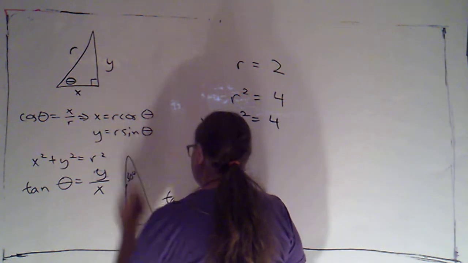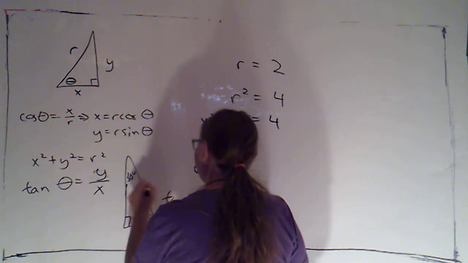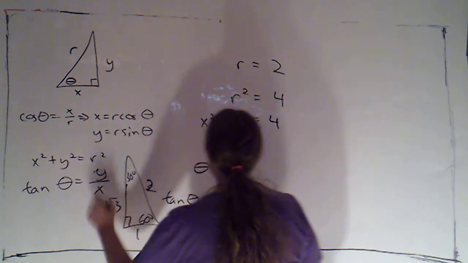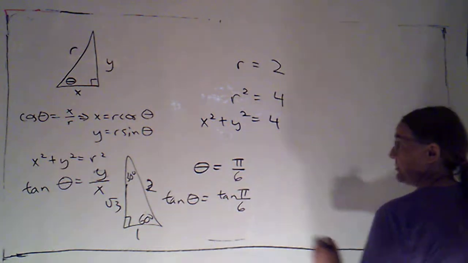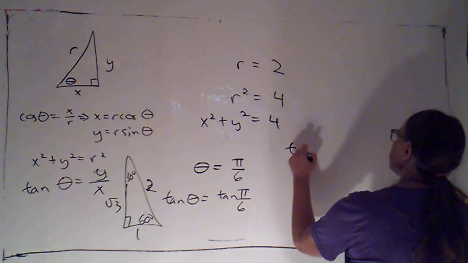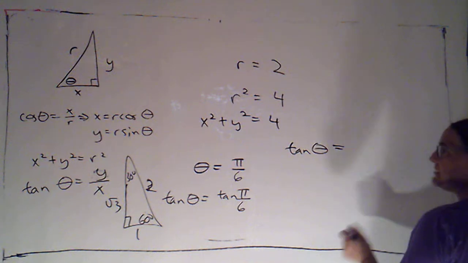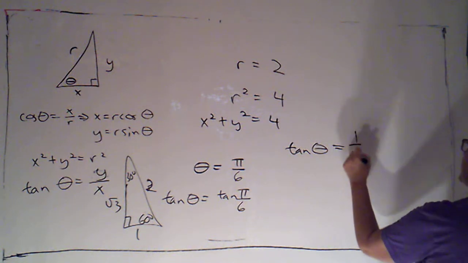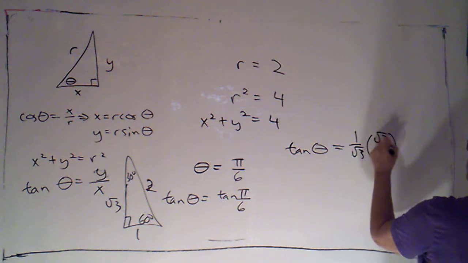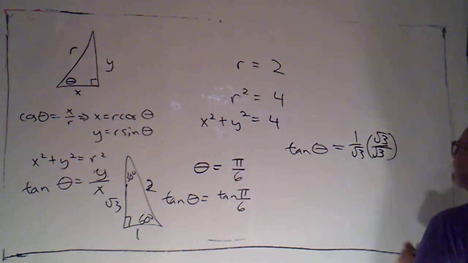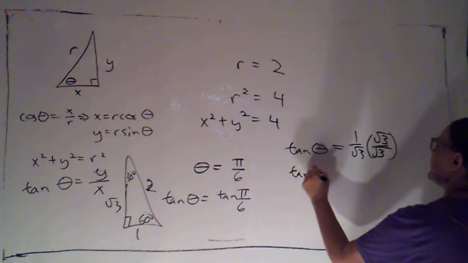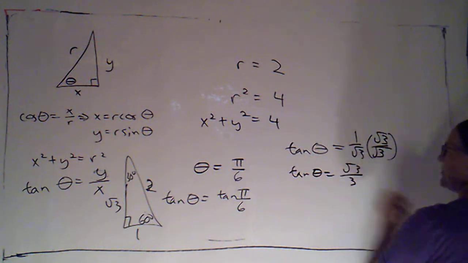I know sine and cosine, but I have to draw my 30-60-90 triangle. Pi over 6 is 30 degrees. Tangent is going to be 1 over root 3. So tangent of theta is 1 over root 3, which I can rationalize, times root 3 over root 3. So tangent of theta is root 3 over 3.